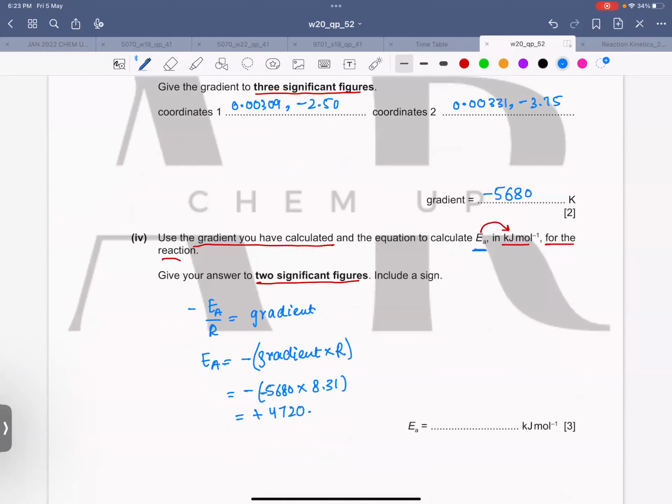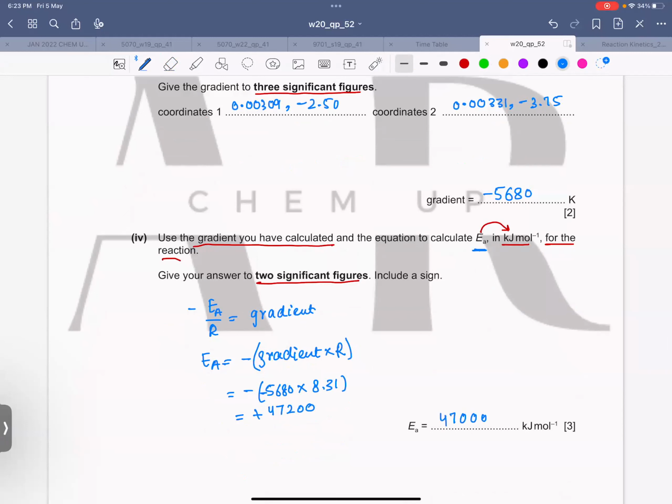No, sir, it's 47200. 47200.8. So we have to write in two significant figures. So it must be written as 47000.